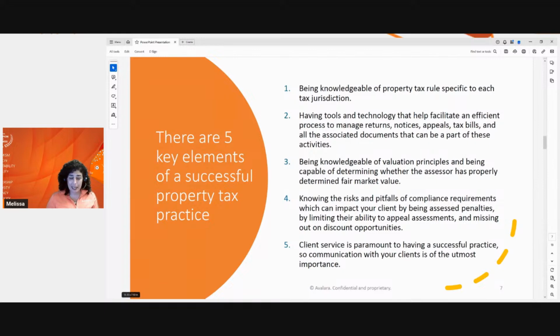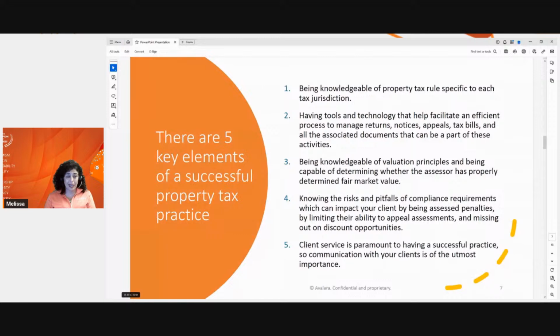And as many of us who've dealt with property tax know, jurisdictions have different rules, different exemptions, different deadlines, all kinds of differences. And it's hard to stay on top of all of those, honestly. I mean, it really, really is. So being knowledgeable about that or using tools that allow you to do that kind of tax research more quickly and easily and tapping into those kinds of pieces of information that you need for each jurisdiction is going to be very helpful for you to be successful.